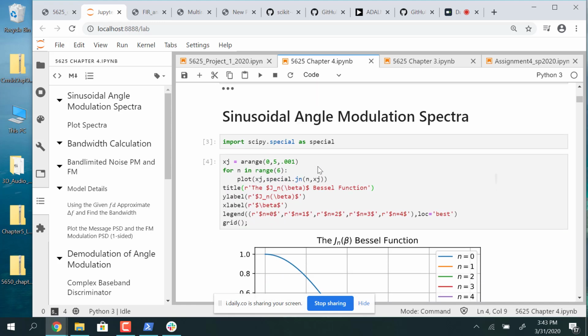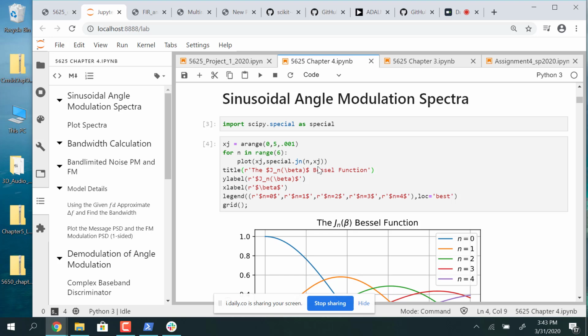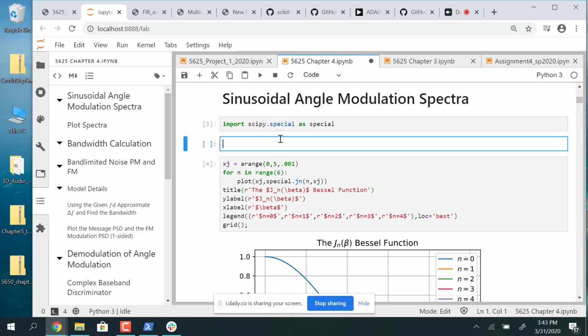But in order to play with the Bessel functions, I need to import from the SciPy library the module called Special. And once I get Special, I get access to all kinds of special functions, and I will show you that here by hitting dot and tab.